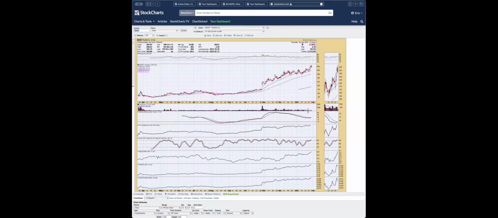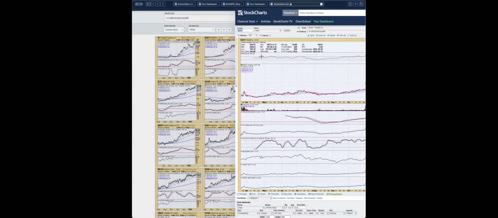And the PMO is going up toward a crossover buy signal well above the zero line. Stochastics are above 80. And again, look at this relative strength. The group is really outperforming, and you can see that the stock itself is outperforming the S&P, and it's also outperforming its group. And that tells you you have a leader. So Reddit looking pretty good right now.